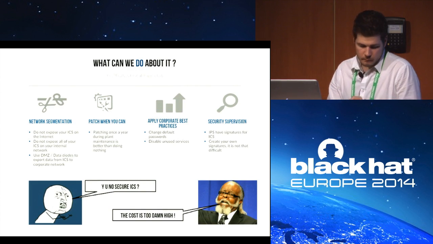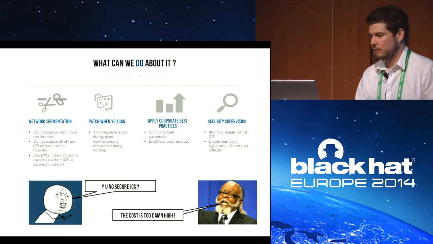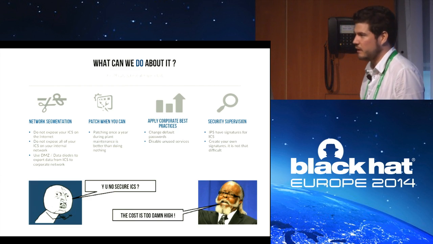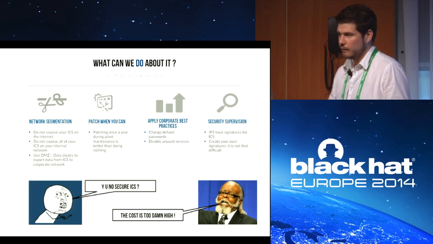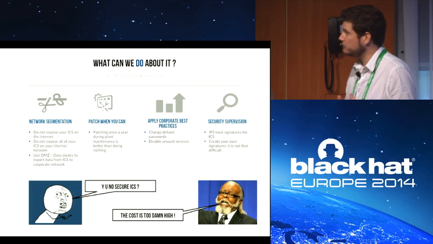Okay, and that leads me to the conclusion of this workshop. I think I've demonstrated a lot of vulnerabilities, of bad behavior in ICS. Now the question is, what can we do about it? You can try to do some things. You have to know that it's not really easy.